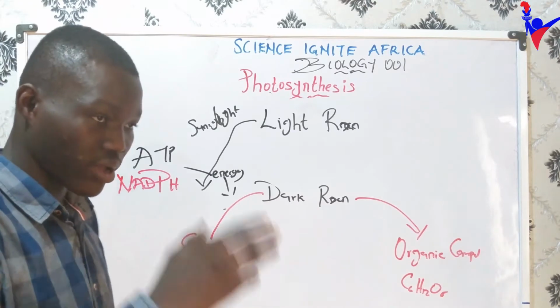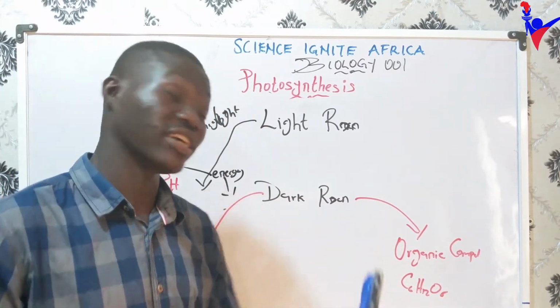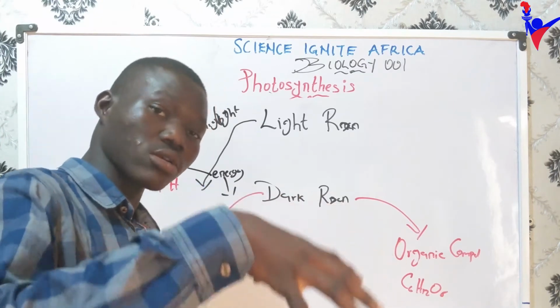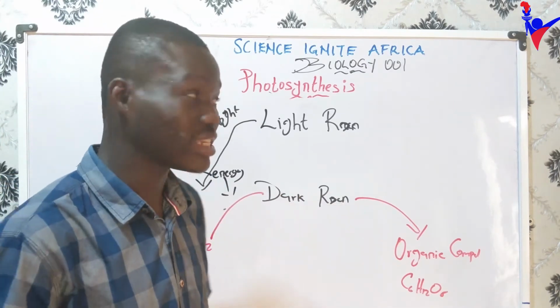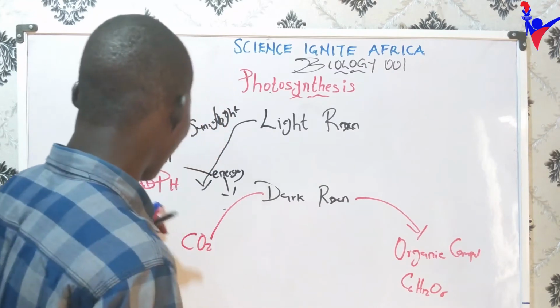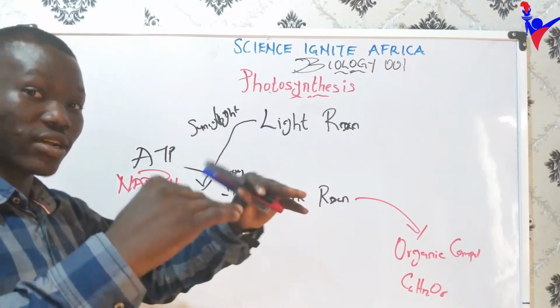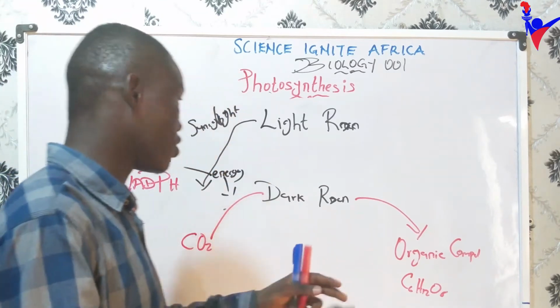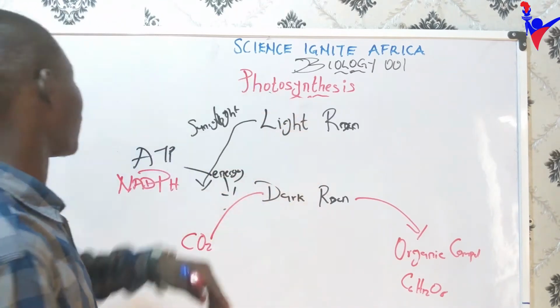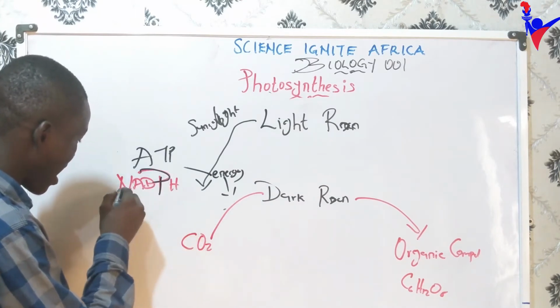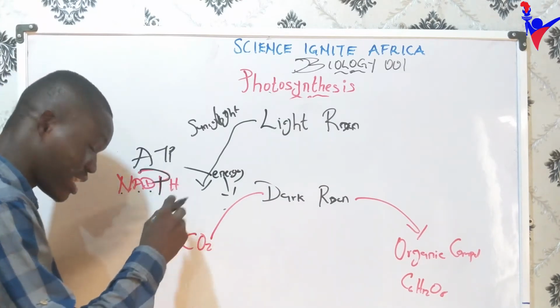Now, if you remember our cellular respiration, we said ATP is the energy currency of the cell, and we also have other molecules that store energy temporarily, and we said it is NADH. But here we are writing NADPH. It's different. Here it is NADPH. In cellular respiration, it is NADH. Just for you to remember, we are talking about photosynthesis. That's just the difference.